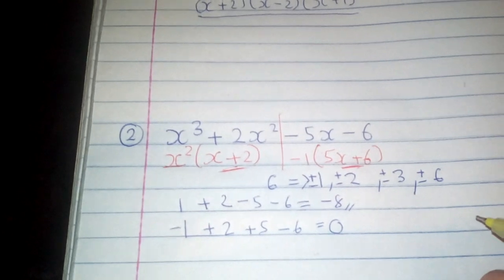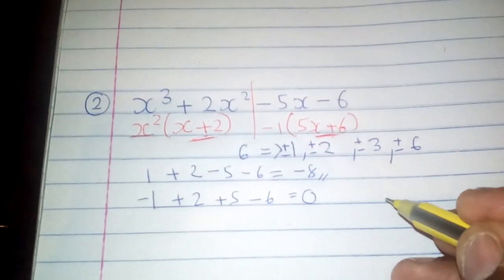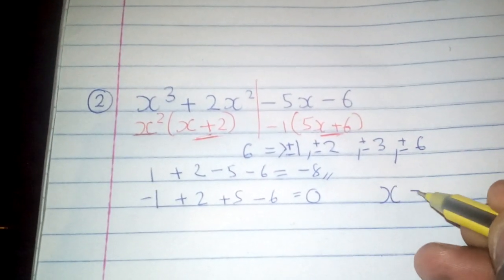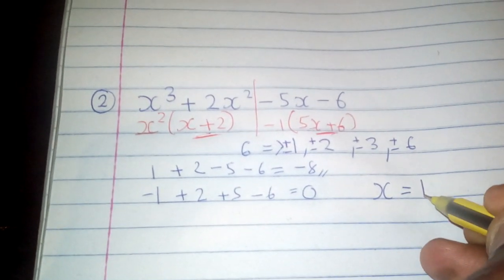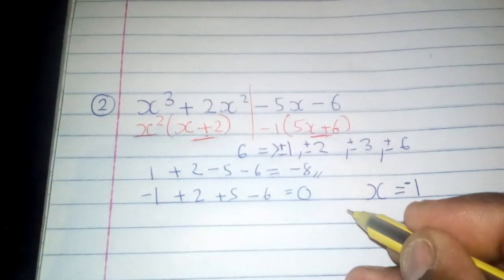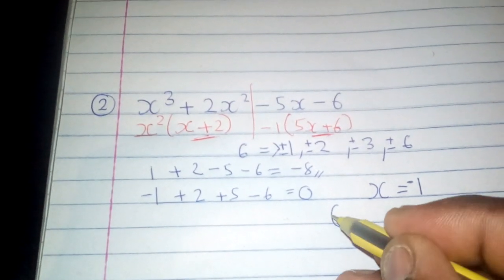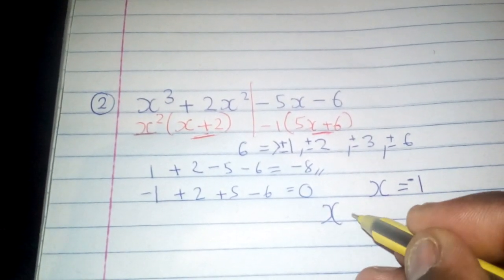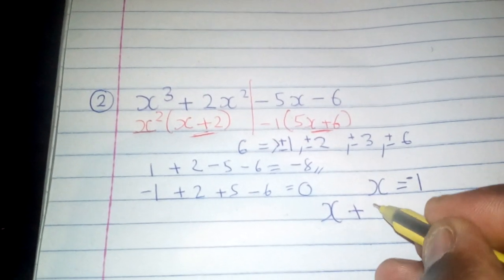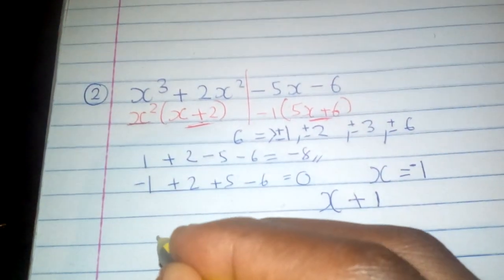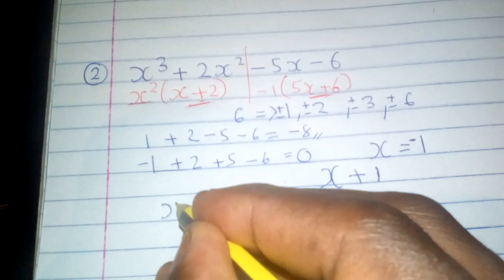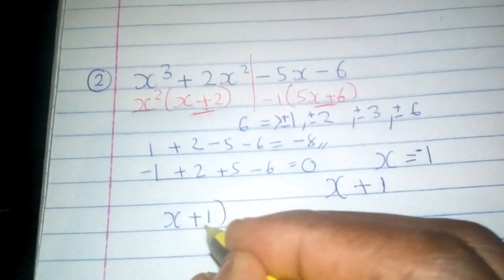So I conclude that minus 1 is our first answer for x. Now, in order for me to make it a factor, I will have to bring this minus 1 to this side. It becomes positive 1. Then I will conclude that my first factor is x plus 1.